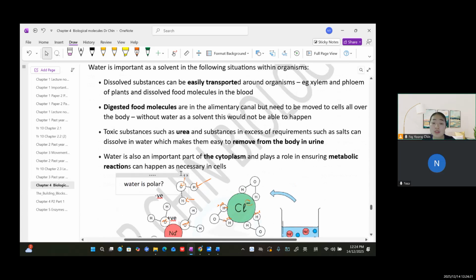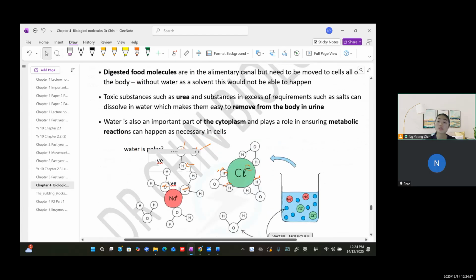Water is also a very important part of the cytoplasm, and it plays a role in ensuring metabolic reactions can happen. A lot of metabolic reactions, whether anabolic or catabolic, require help from water. Just like hydrolysis, which also requires the input of water.